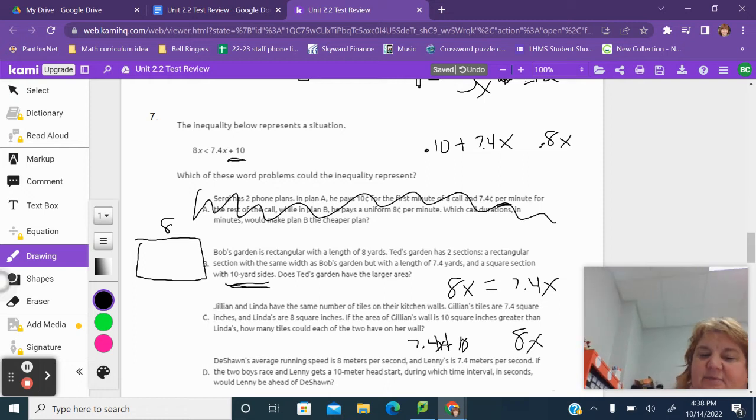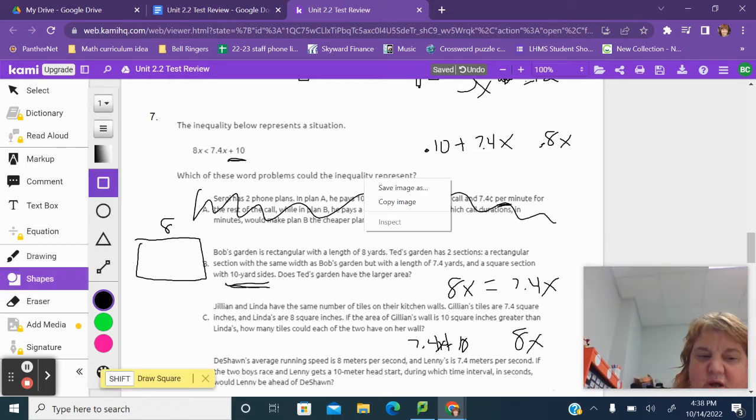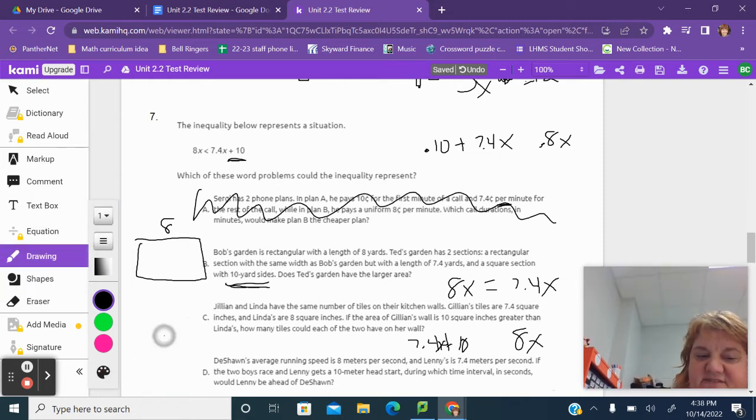Let me explain why a little bit better. You have 7.4 times whatever the square inches, and Linda's is 8.